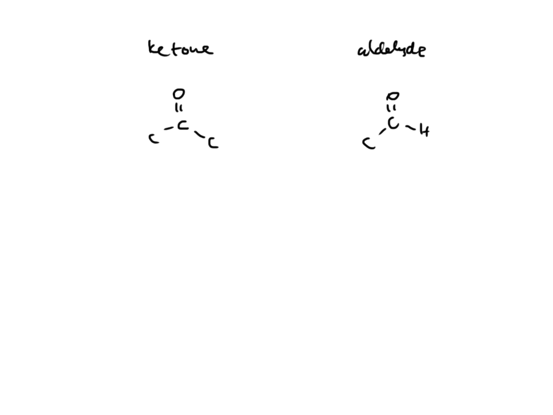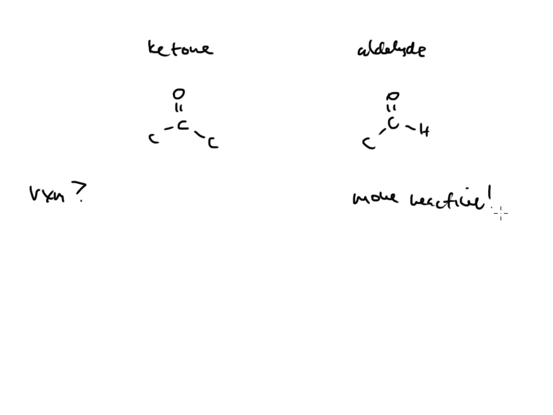The question is, which one is more reactive? Okay, now they both undergo reactions. But out of the two choices, we're going to have the tendency of one reacting a little bit better than the other. And the answer here is aldehydes are going to be more reactive.